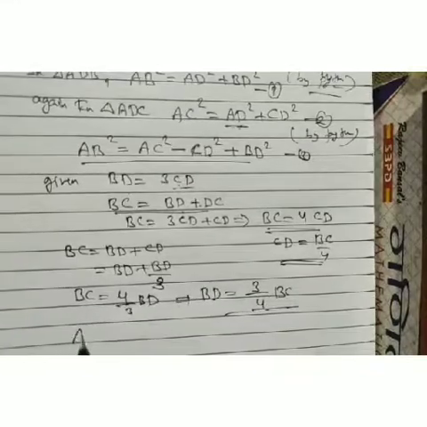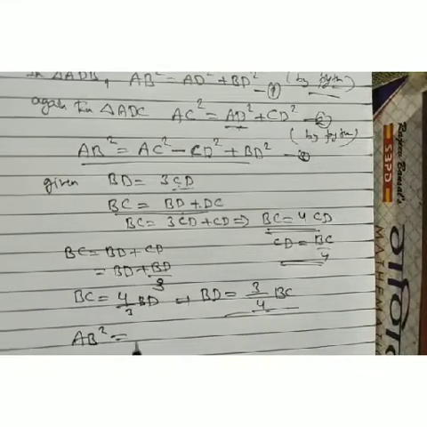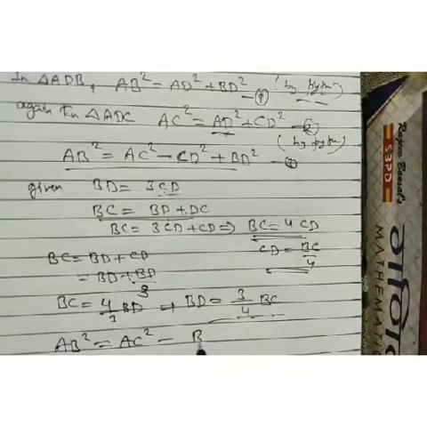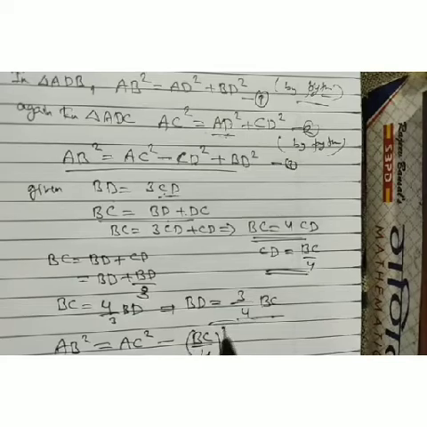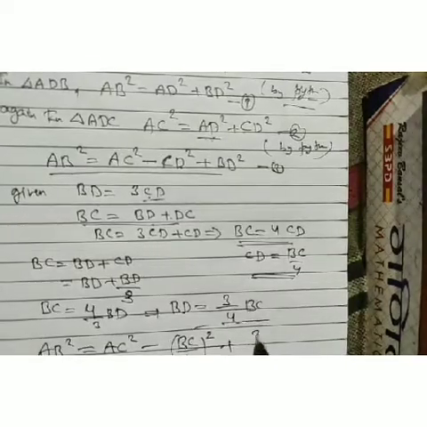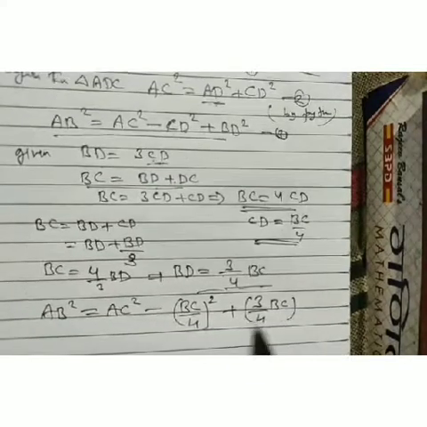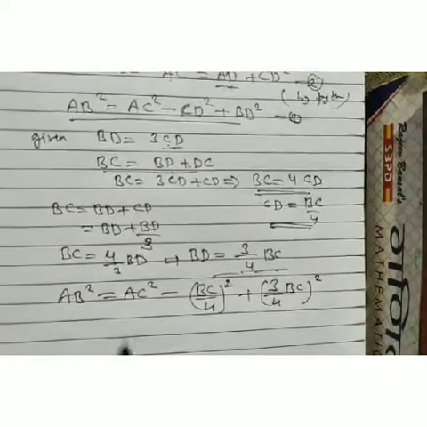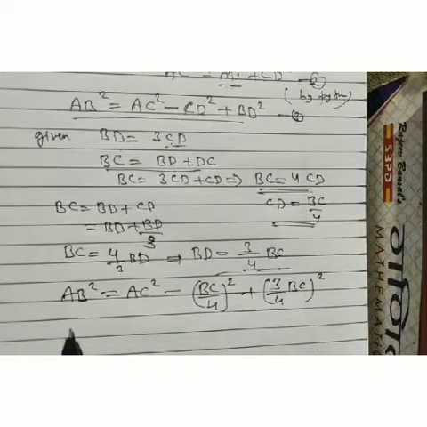Now we have AB square equal to AC square minus CD square. We can write CD as BC by 4 whole square, and then plus BD square, where BD is 3 by 4 BC whole square. Now we are going to solve it.